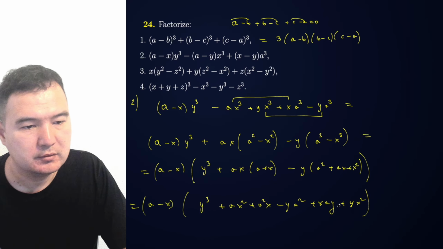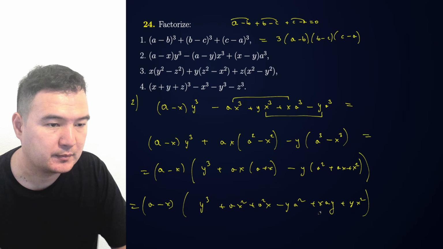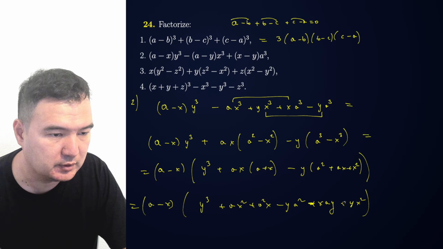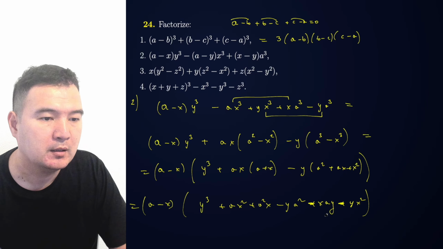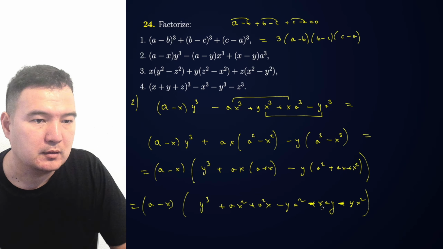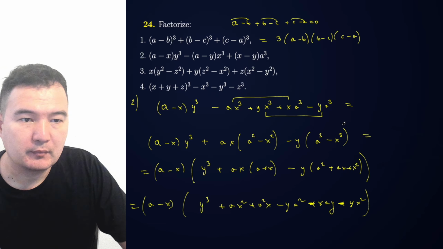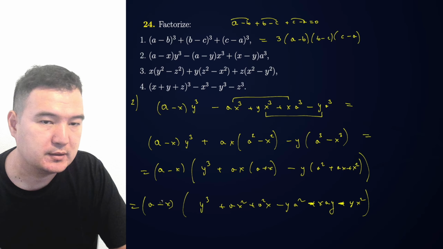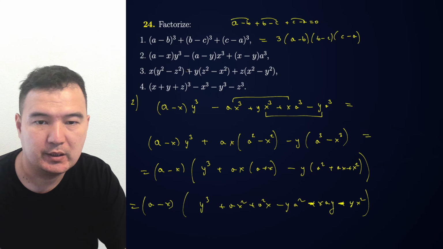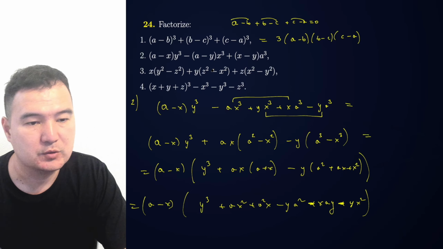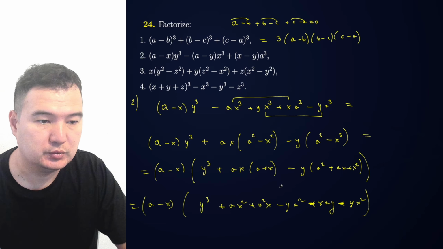Now you can group these again. All of them have a minus sign. The same way as a minus x, probably x minus y, and then a minus y are also the roots of this expression.